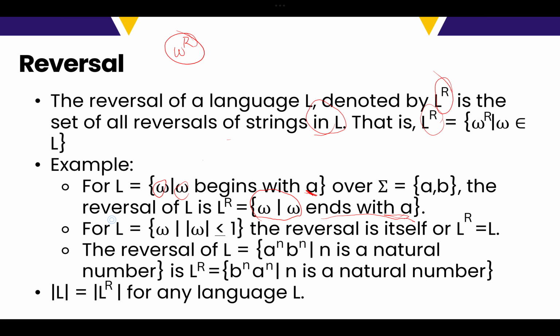Now, for L equals omega such that the cardinality of omega is less than or equal to 1, the reversal is itself. So, example A, kay isa raman ang length. So, ang length ni omega is 1. So, ang iyahang reversal is just A rapod.